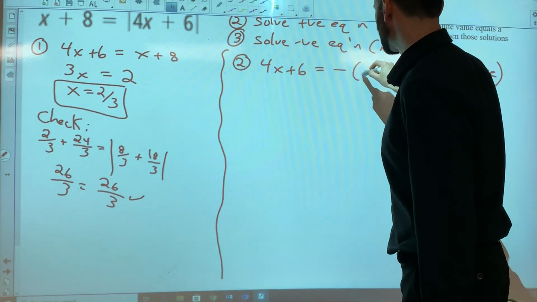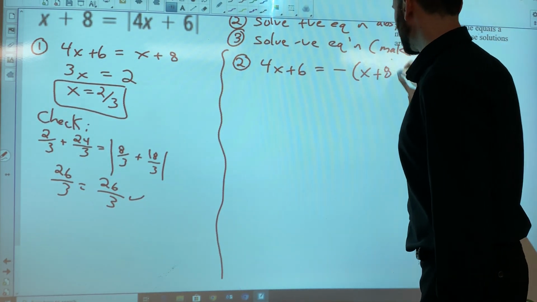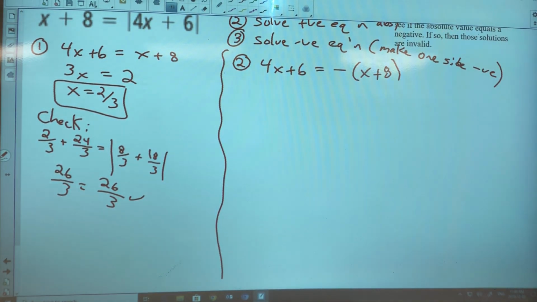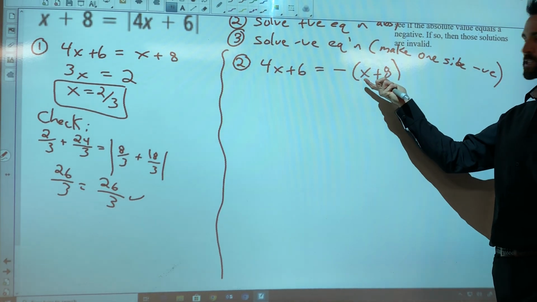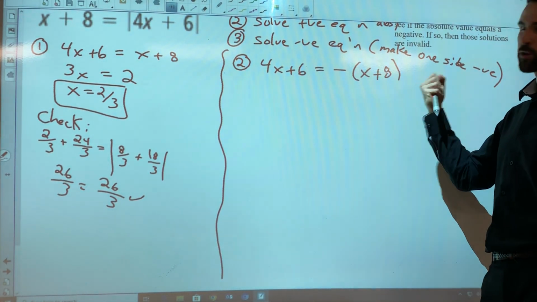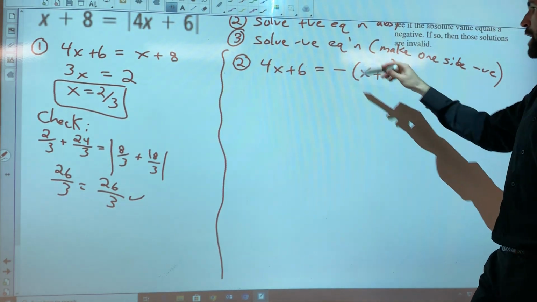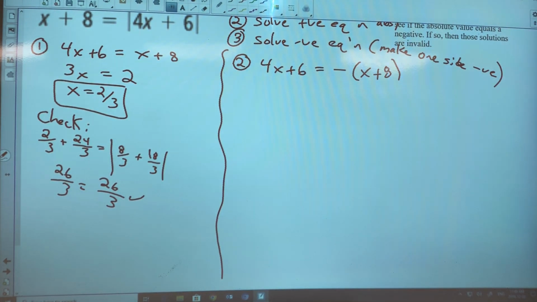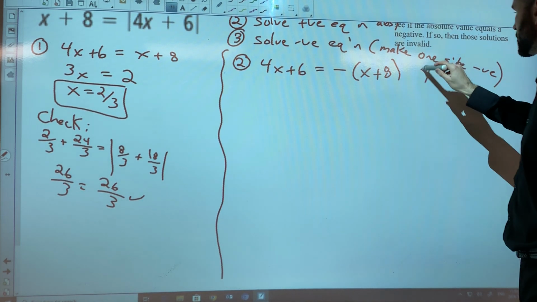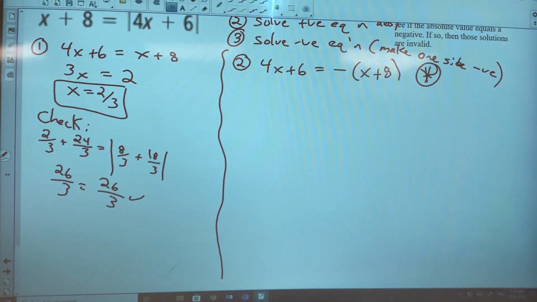So better use some brackets and go negative whatever that is, okay? If it's just a monomial, you can just go negative monomial, because it's going to apply to the whole thing. If it's a binomial or bigger, you need brackets because you need to distribute the negative inside. And that's the step that a lot of people forget. So do lots of practice and don't mess that up.